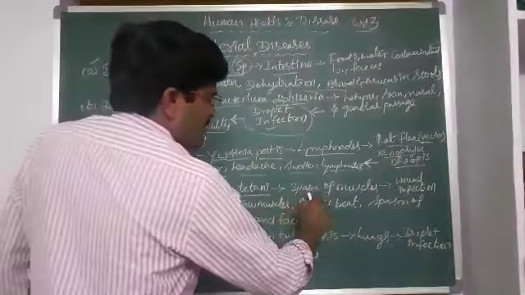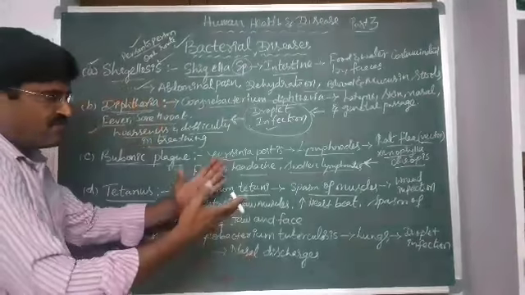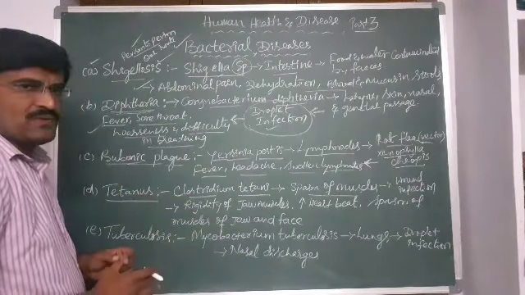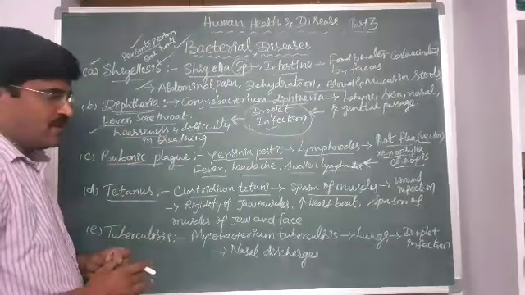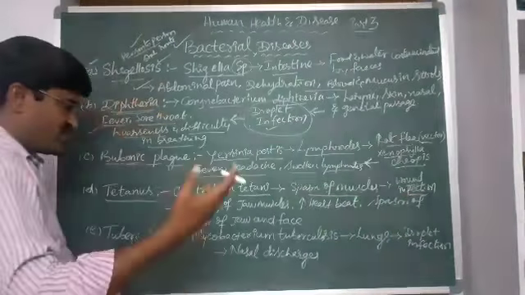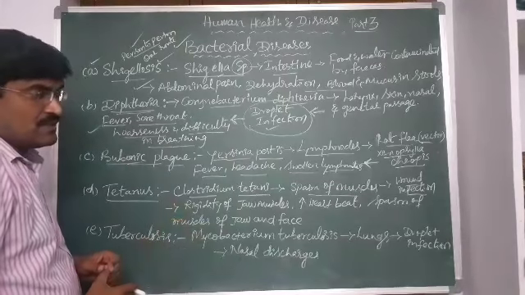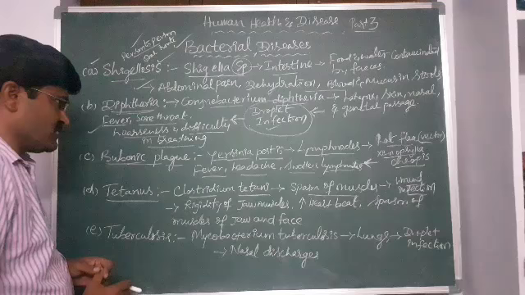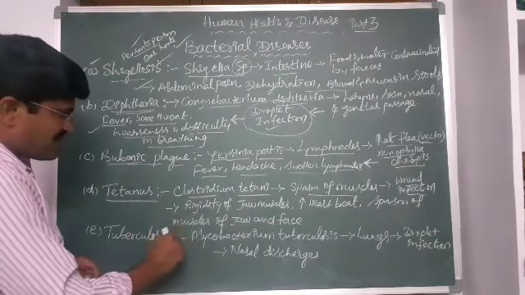Here muscles are affected by spasms, unable to move, and there is rigidity in the jaw muscles. It is transmitted through a wound, that is, wound infection in infected persons. What are the symptoms you observe?